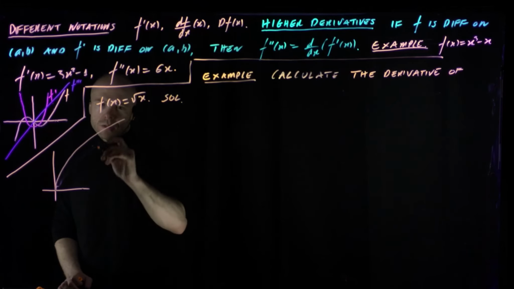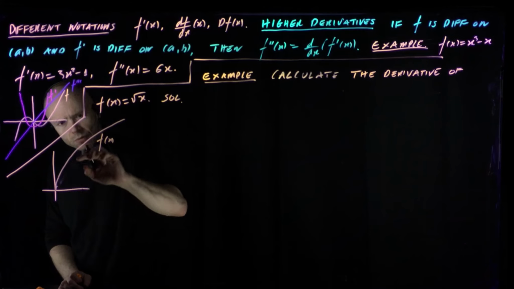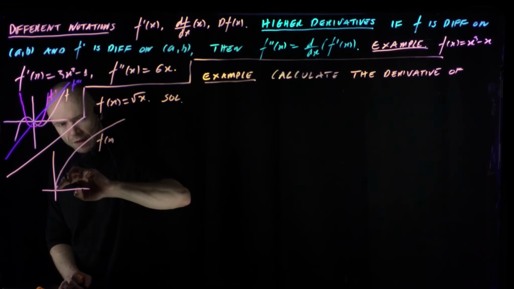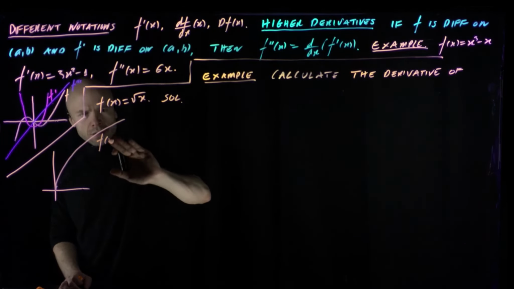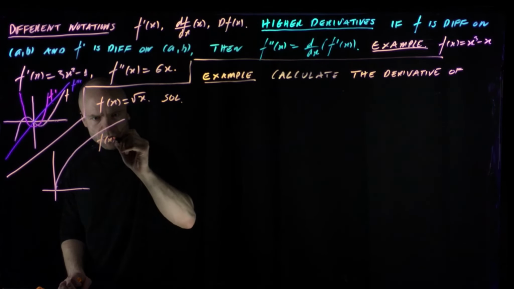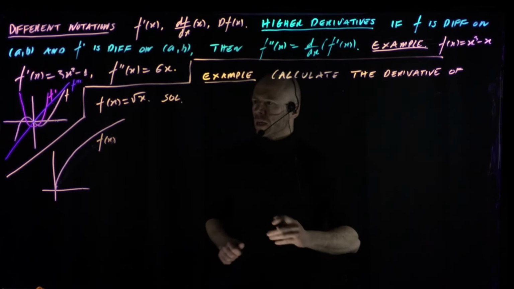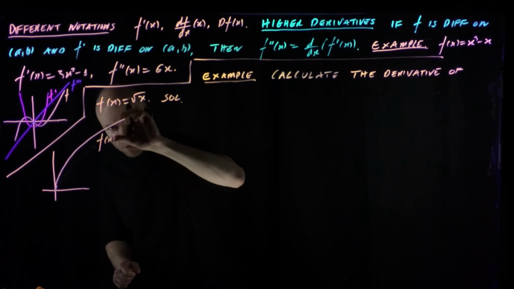This is what f looks like. And we've already seen that the derivative looks more and more steep as we get towards 0, and then gets less steep as we go off towards infinity, because for very big numbers, the square root is less than x itself.